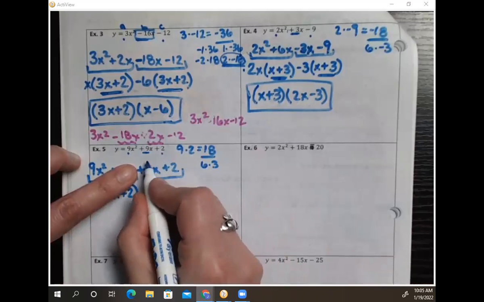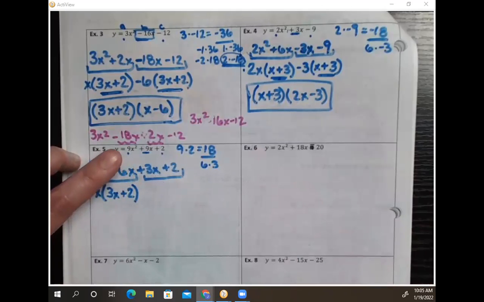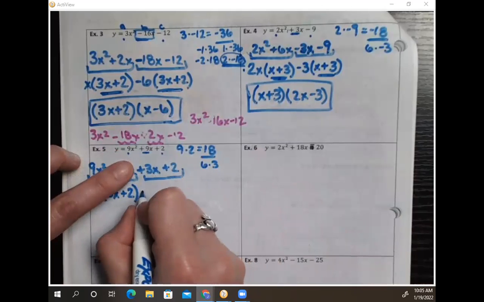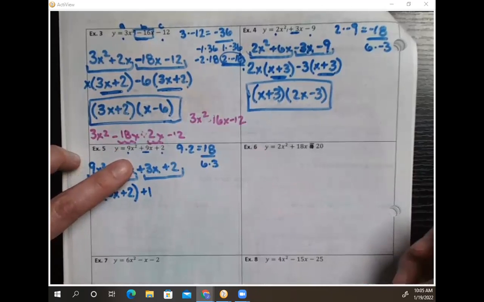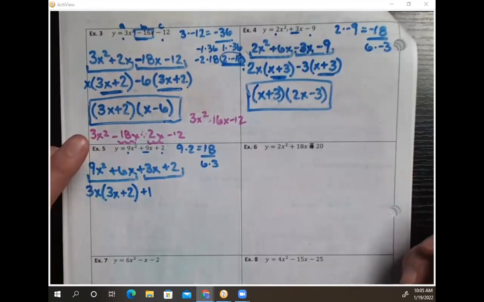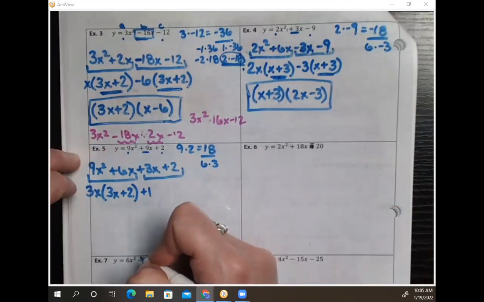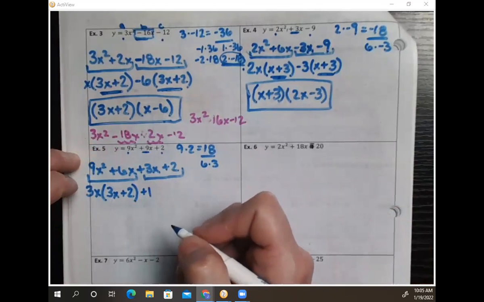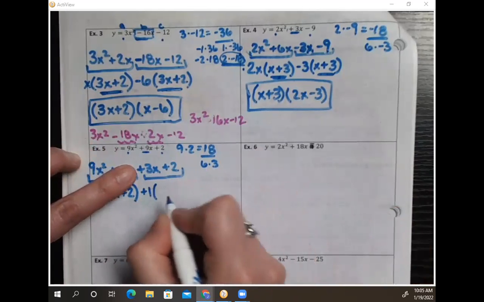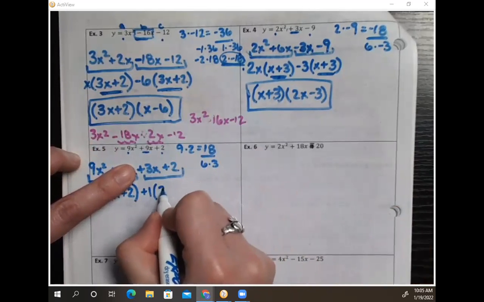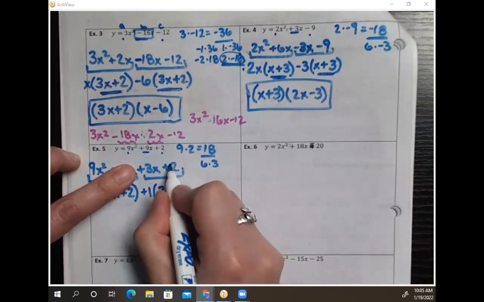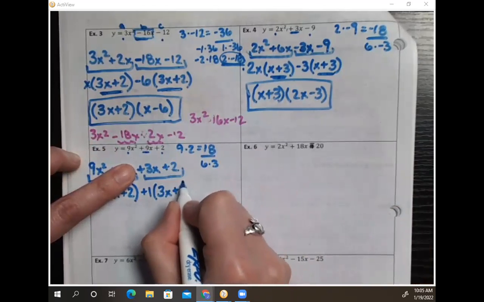So when you have a situation like this where there's no what I call exciting GCF, we're just going to pull out a 1, which is kind of lame. Oh, they have a GCF of 1. Well, everything has a GCF of 1. But I need to pull out something here. So if you don't have anything fun and exciting to pull out, we're going to pull out a 1. And then when I divide this by 1, it's still 3x. When I divide this by 1, it's still 2.